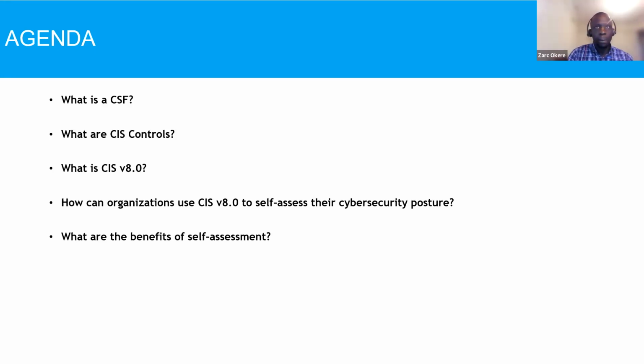You can host your assessments online, and you can do it yourself, or just assess yourself to know where you stand. We're going to look at the benefits. And finally, we are going to have a demo of the CIS CSAT tool, which has been developed by the CIS team, which enables people to do the assessment very easily. So that is what we're going to cover in this presentation today. And then finally, we're going to have the Q&A.